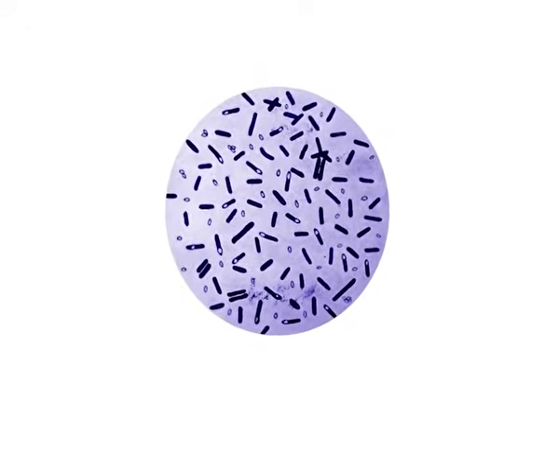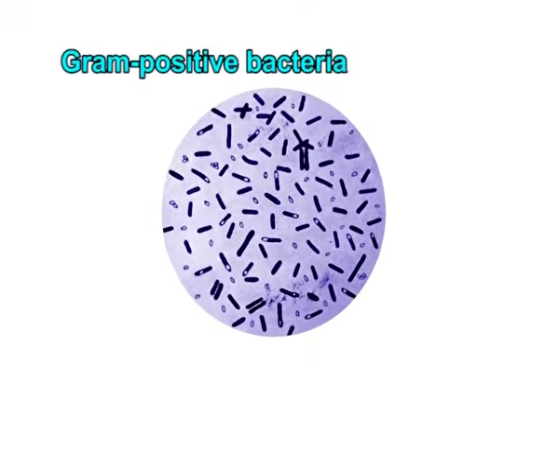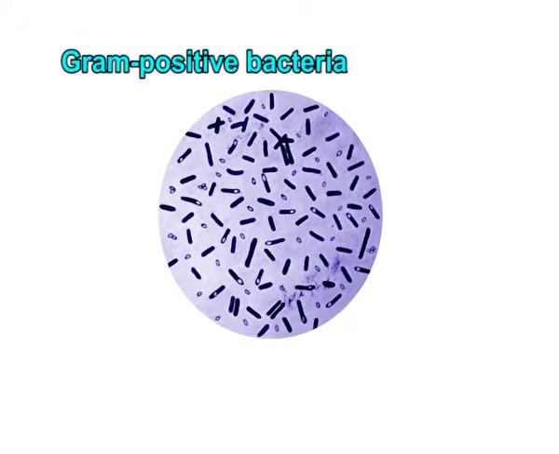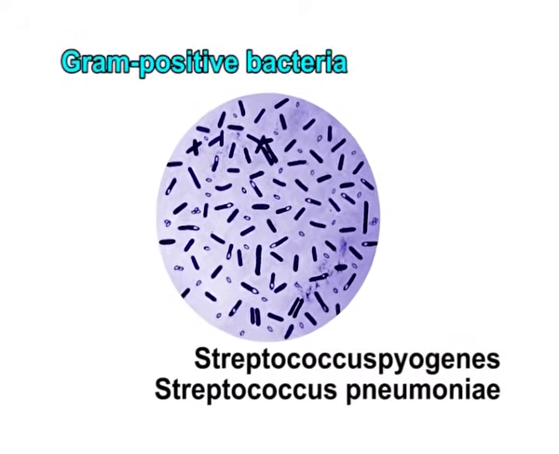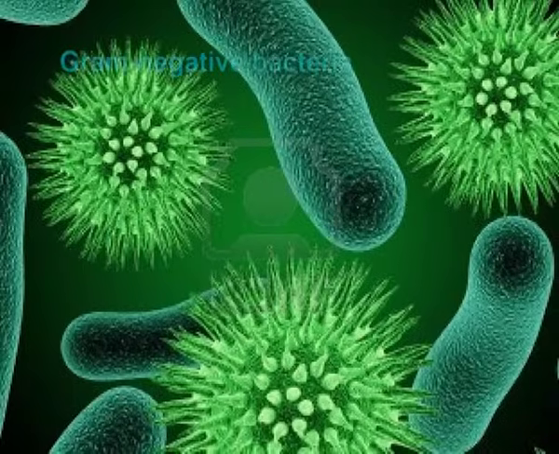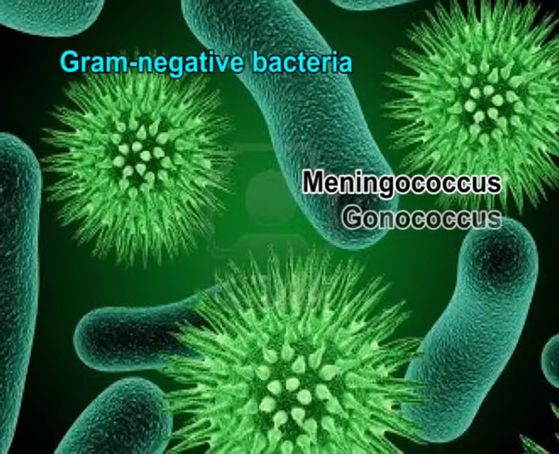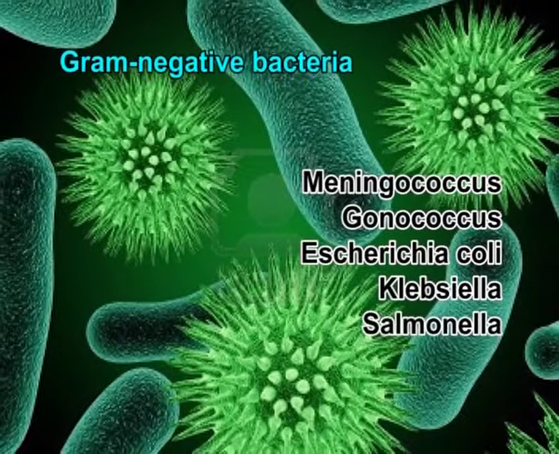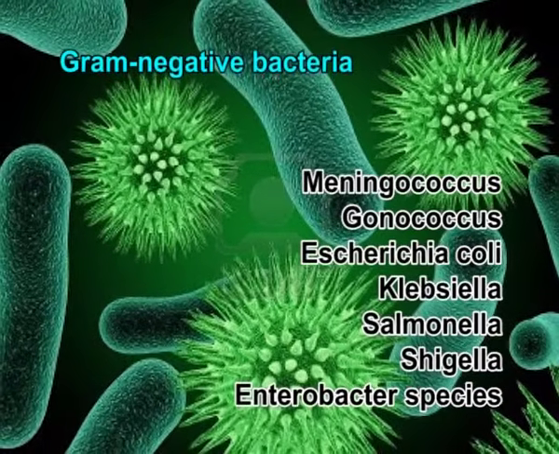If we list it out, the gram-positive bacteria susceptible to sulfonamides include group A Streptococcus pyogenes and Streptococcus pneumoniae. The gram-negative organisms include Meningococcus, Gonococcus, E. coli, Klebsiella, Salmonella, Shigella and Enterobacter species.